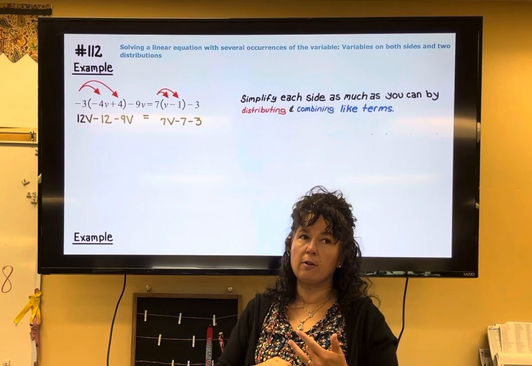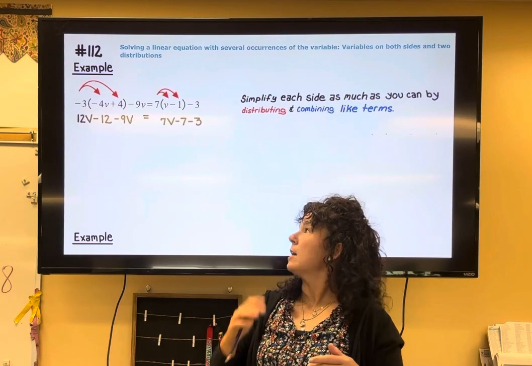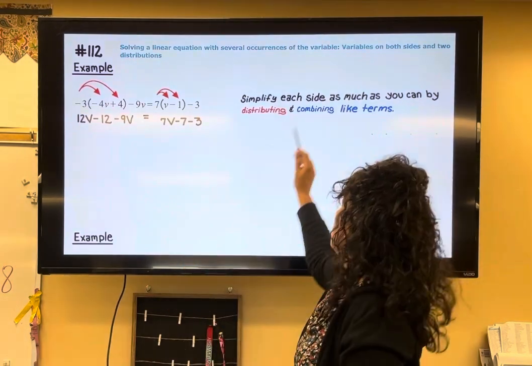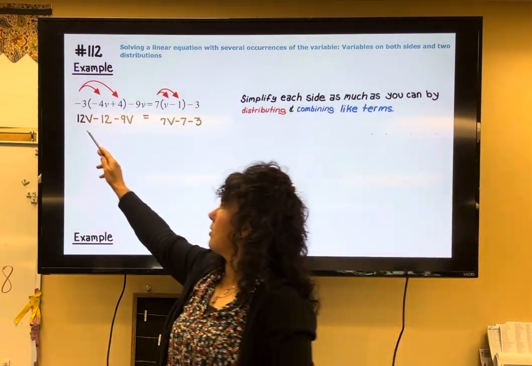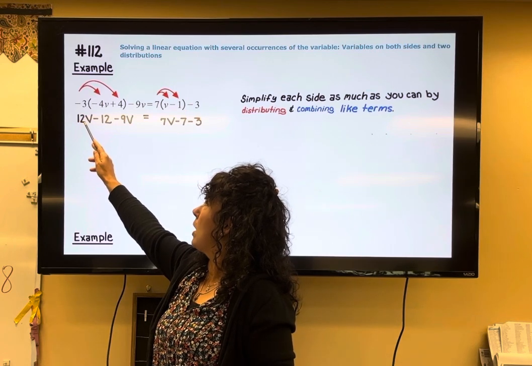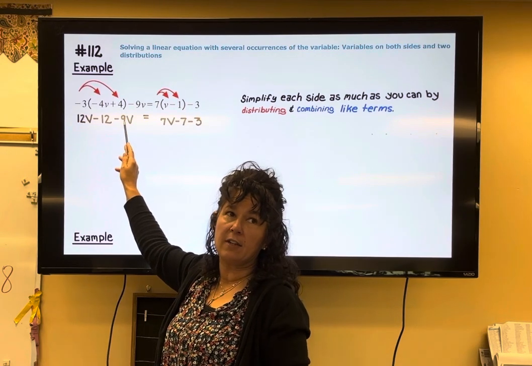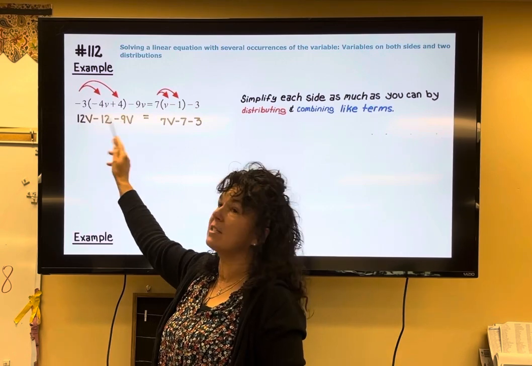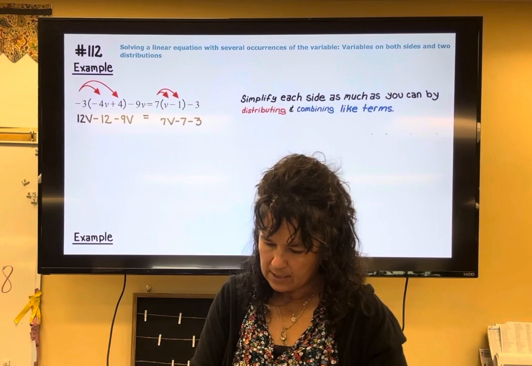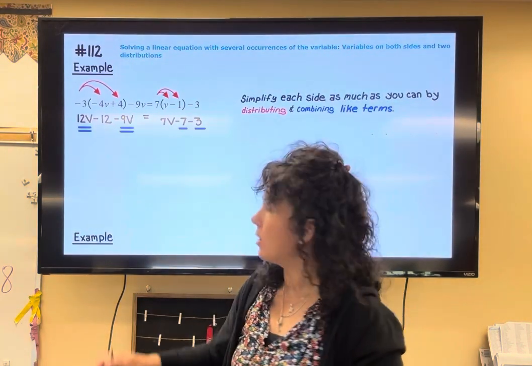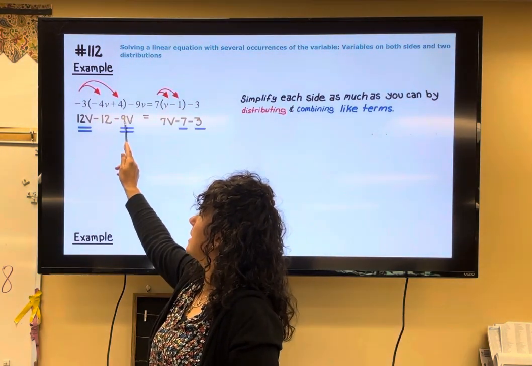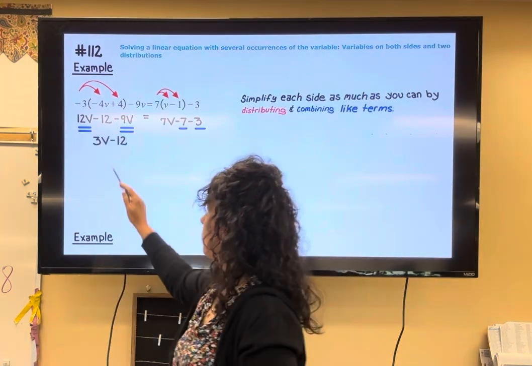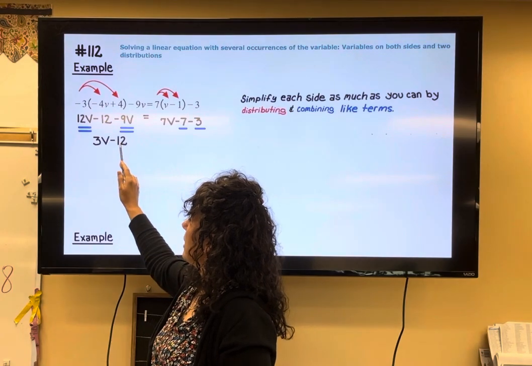So we did the distributive property, which is multiplication, and now we'll do any addition and subtraction, which really amounts to combining like terms. So on the left-hand side, we have 12 v's and -9 v's. You're not subtracting 12v or adding 9v. They're on the same side, you're just putting them together. So 12v minus 9v is going to be 3v, and then bring down the -12.